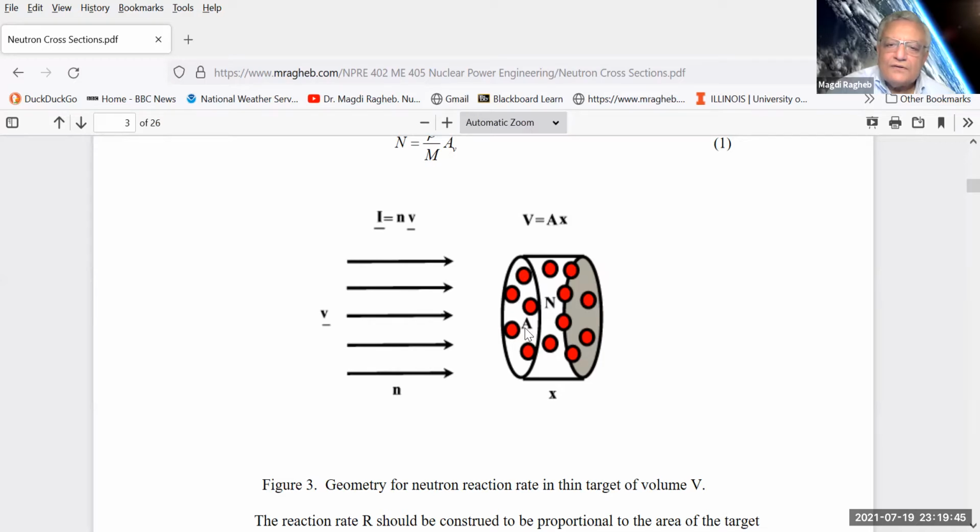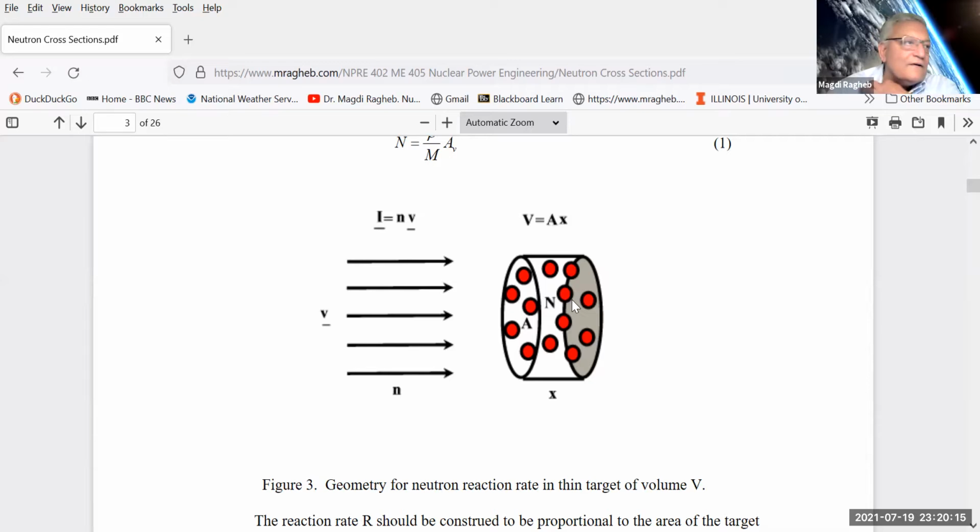So when you take the area of the base of that cylinder multiplied by the thickness, you get the volume of that little piece of material. And let us assume that I have now a beam of neutrons, directional, so it has a velocity, not a speed, velocity vector, capital V, small v here, impinging on that target that contains a capital N per unit volume nuclei.